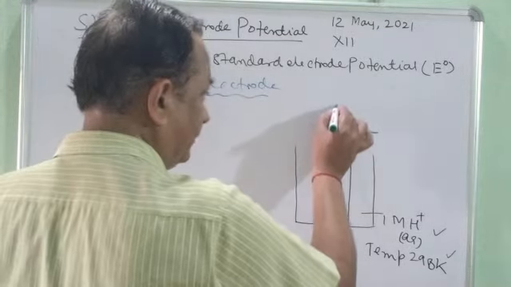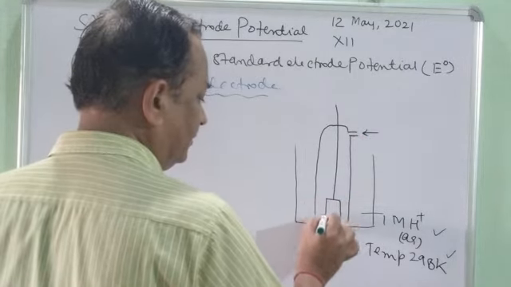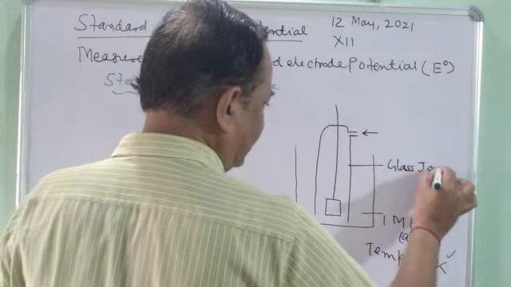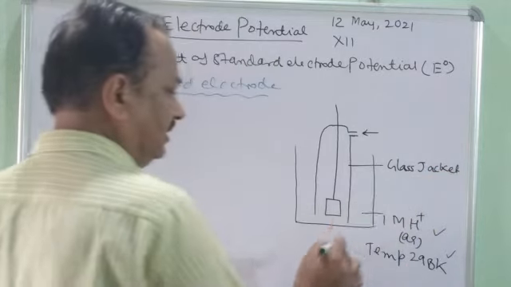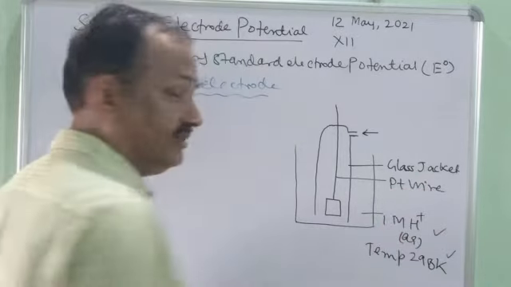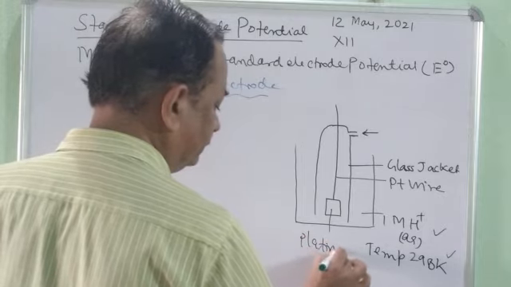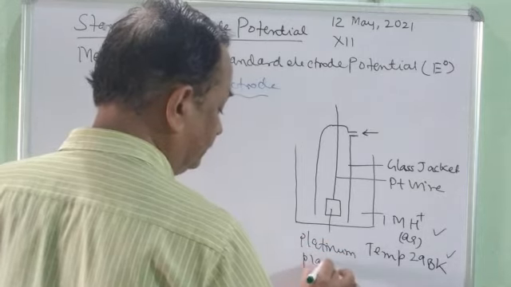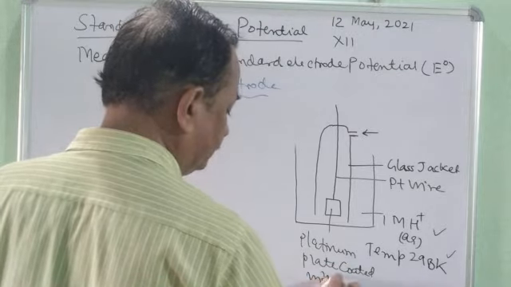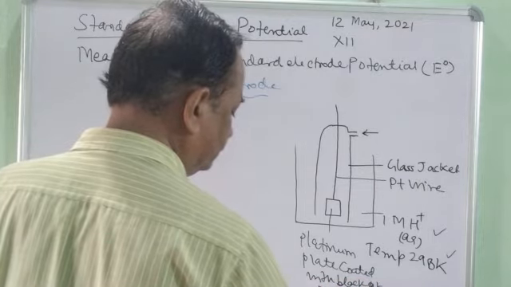Inside the glass tube, let it be the glass jacket, there is a platinum wire, and this is a platinum plate coated with black platinum powder.